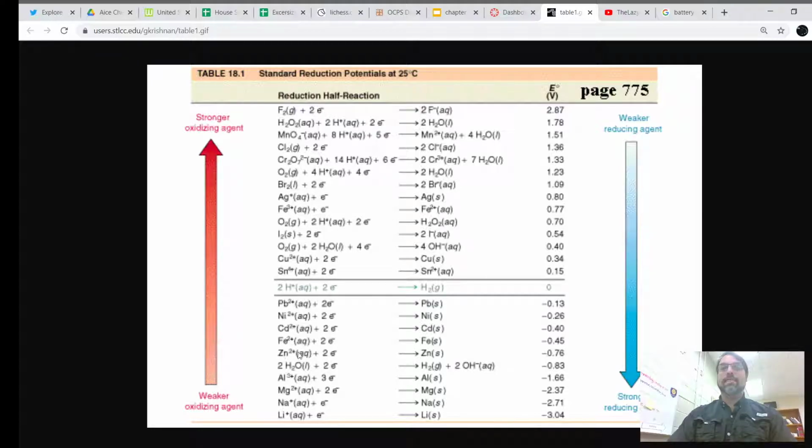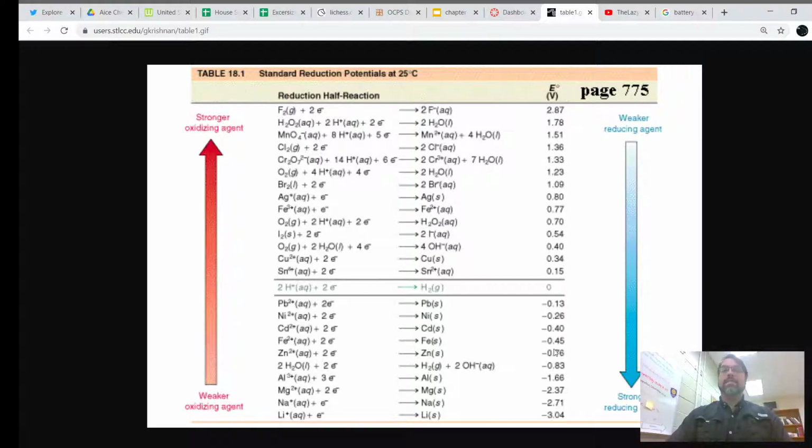So we're going to look at zinc. And for zinc, we don't have zinc's oxidation number. But we know that this is going the opposite direction, so we flip the sign because it's going the opposite way, in reverse.